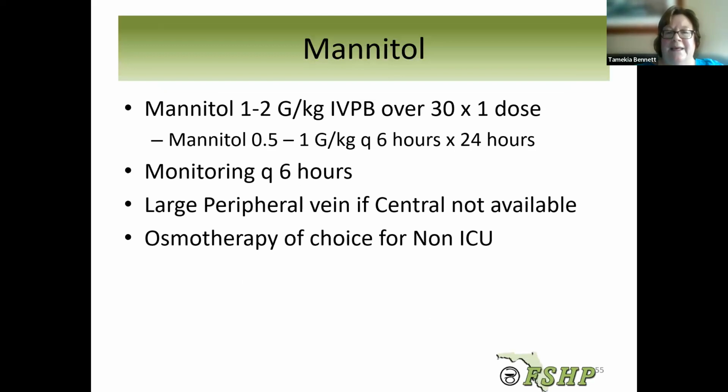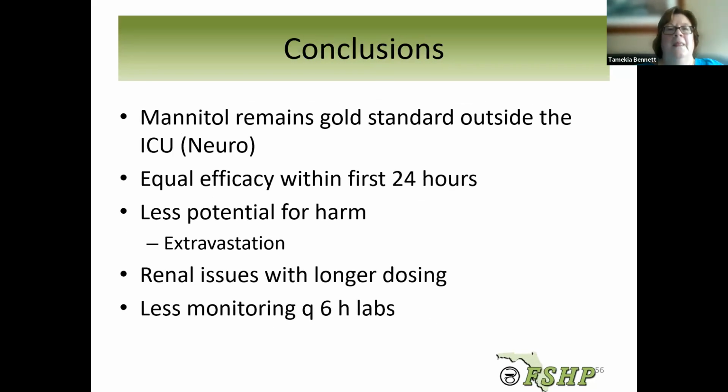And that's what makes it the osmotherapy of choice for the non-neuro ICU patient. Central line in neuro ICU, non-central line elsewhere, use mannitol. And so mannitol remains the gold standard outside the ICU. There's good efficacy with both drugs, but there's less potential for harm.